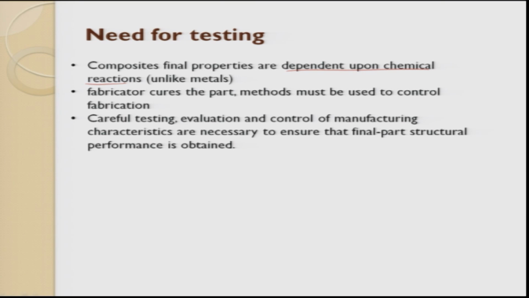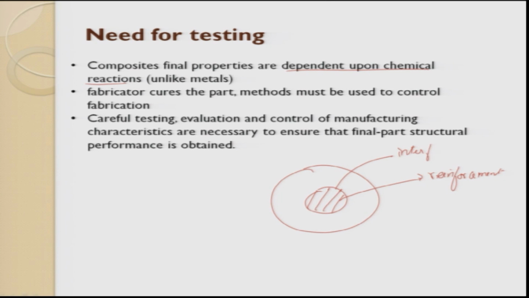It will be something like a core and shell. So the core is the reinforcement, this is the interface, and this is the matrix. If the interface is not properly formed, though the composite might look good, it will underperform when it is put in real time use.